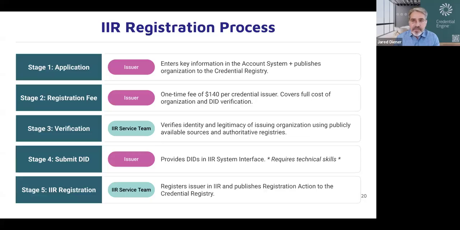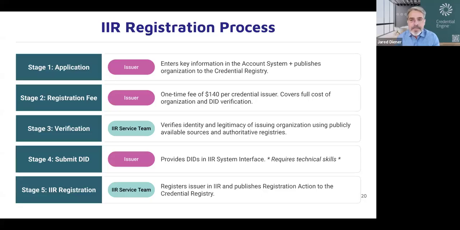After your information has been submitted in the account system, we do require that you make sure that your organization is published to the Credential Registry. If you're a new organization, then you would need to take that step. If you're an existing organization, just make sure that that organization data is published to the registry as part of stage one in the process. All right, after that information has been submitted and the organization has been published, we move to stage two.